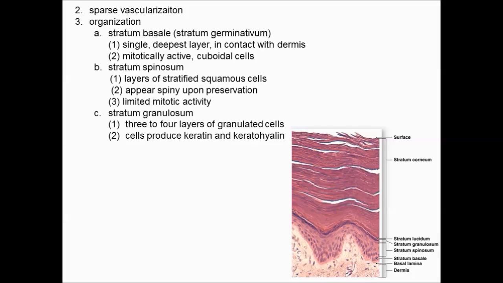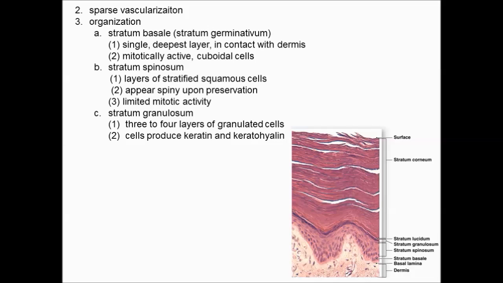When you preserve this tissue, a lot of the cytoplasm is lost, and what remains is protein filaments, in this case, that are hooked to adherens junctions, which you mentioned last time, on the edge of the cell. So it looks like these protein filaments are pushing out the edges of the cell like a pincushion, and that's what's thought to be the reason for the spiny appearance.